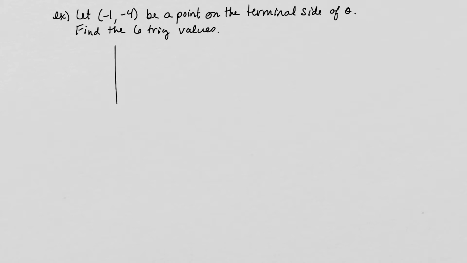So I'm going to graph that point. So this is -1, and then we're going to go down 1, 2, 3, 4. So we have a point here. Our angle theta goes all the way around to that point.